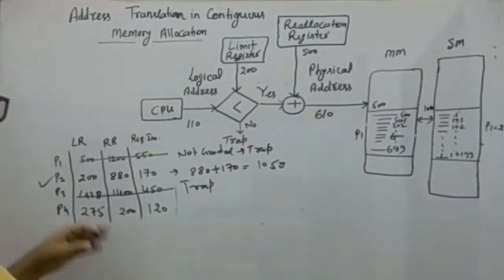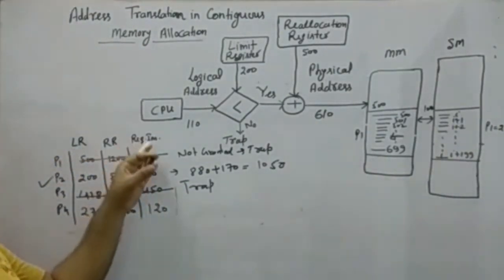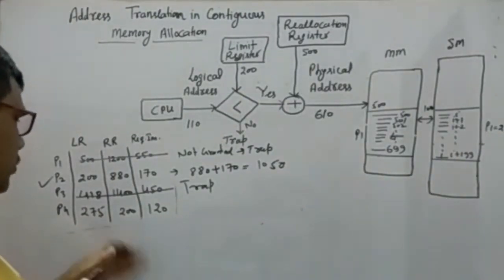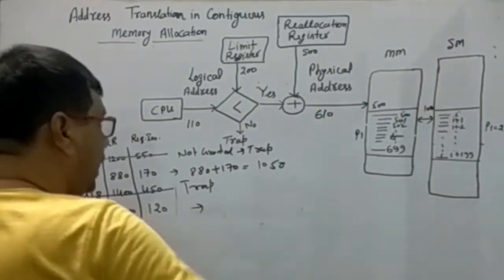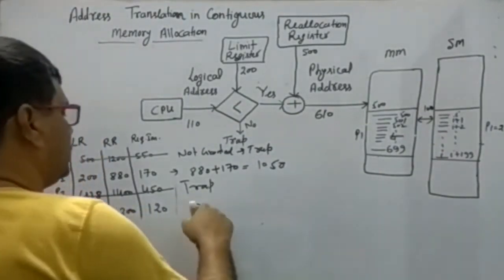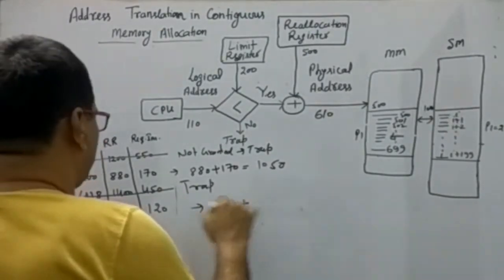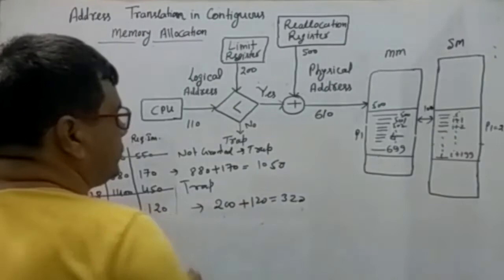And similarly here the limit register is 275 and the requested instruction is 120. Definitely 120 is less than 275. This will be granted and the physical address will be equal to 200 plus 120, which is equal to 320.